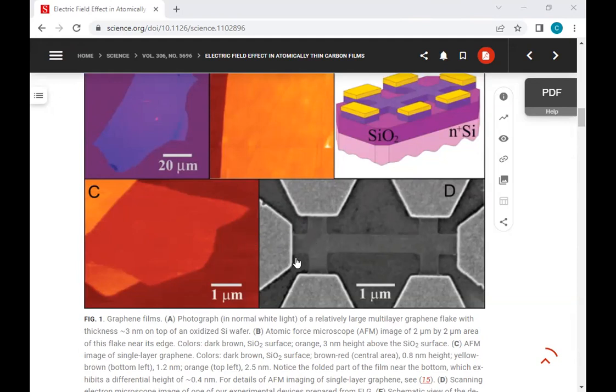So let's say that you put a voltage difference between here and here. That means there's an electric field and you would have particles flying through it inside the graphene system, right? Then you can use a voltmeter and look at the voltage difference between here and here. So you can measure the voltage as a function of the current flowing in this direction.